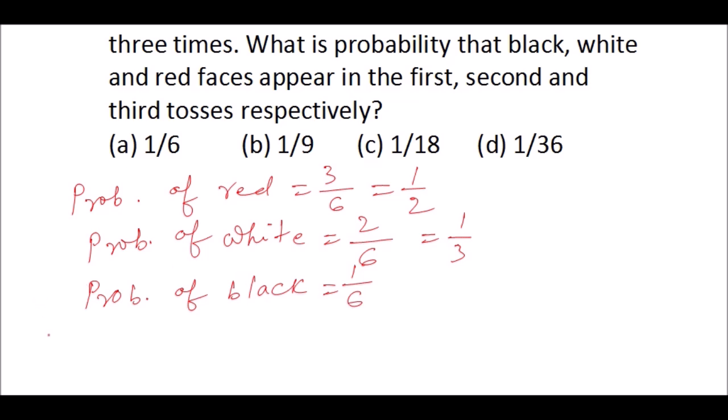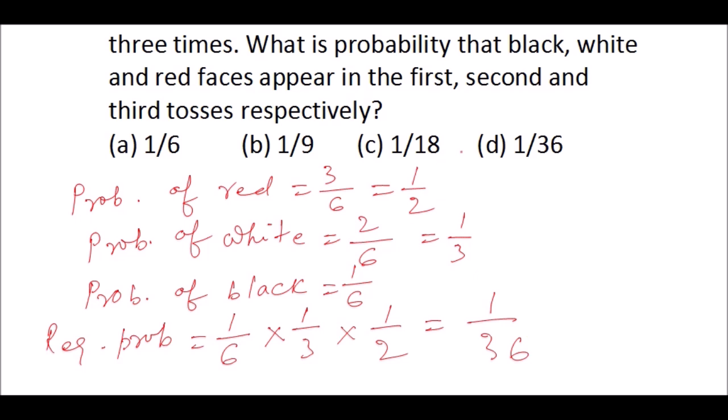Therefore, our required probability is that in the first throw it should be black, the probability of which is 1/6. Then in the second throw it should be white, the probability is 1/3. In the third throw it should be red, the probability is 1/2. Therefore, our required probability is 1/36. Therefore, our option D is the correct option.